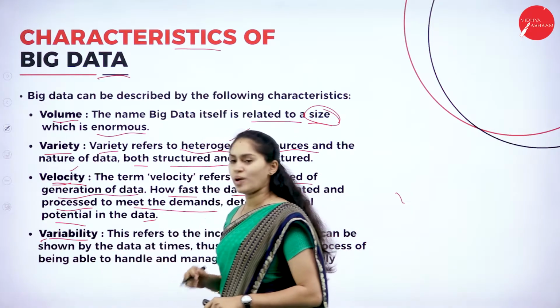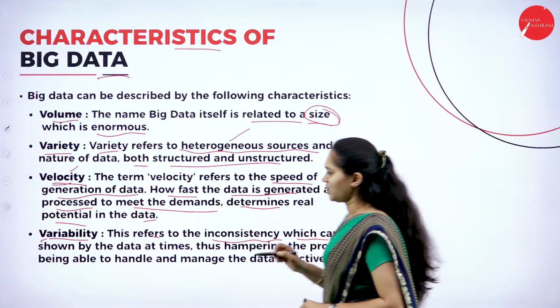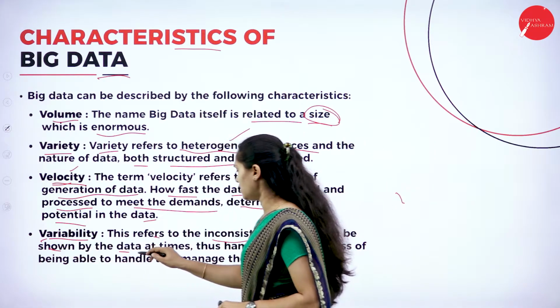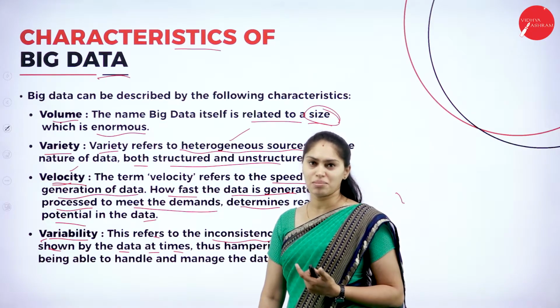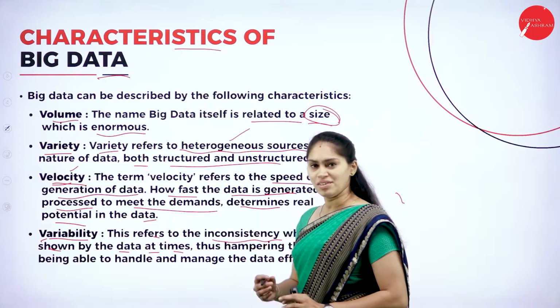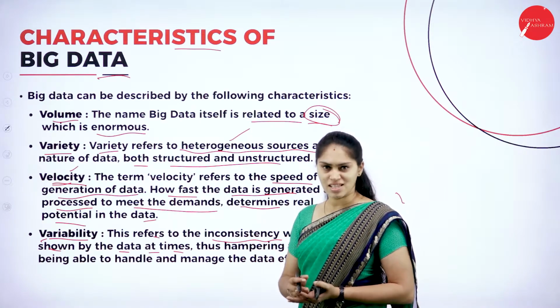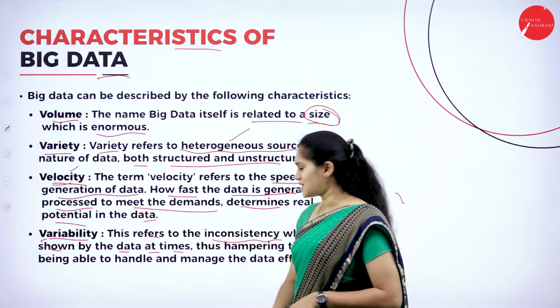Next we have variability. This refers to the inconsistency which can be shown by the data at times. That means its capability or capacity to recover from failures. If it has inadequate data or inconsistent data, how will it deal with all those situations?